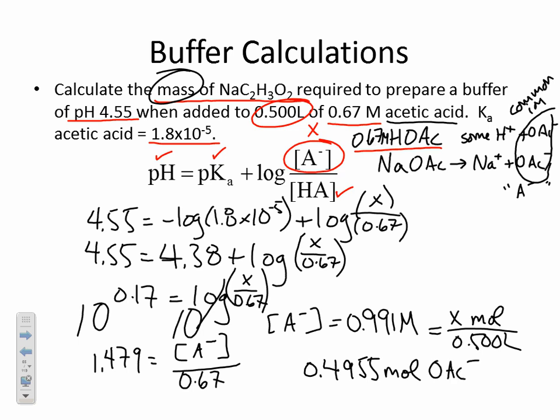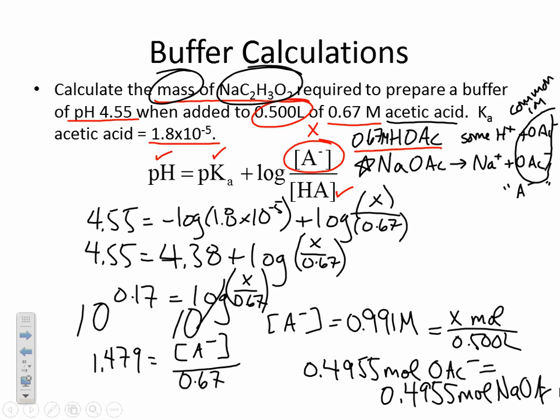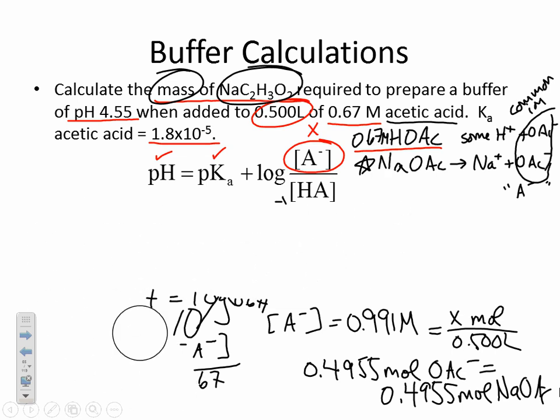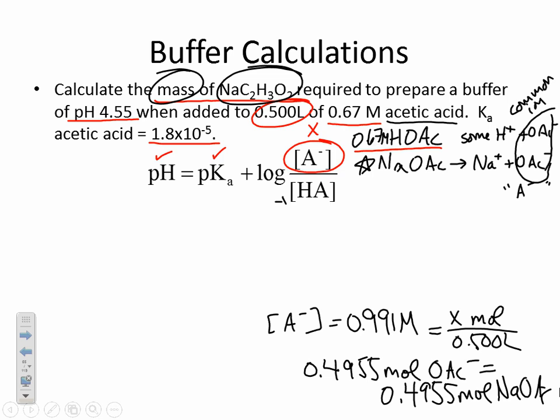But we want the mass of sodium acetate, which is going to be the same value because of a one-to-one relationship shown up here, right? One acetate ion comes from one sodium acetate. I have to erase some work to continue, because the math can get long. So that's how many moles of sodium acetate I want.